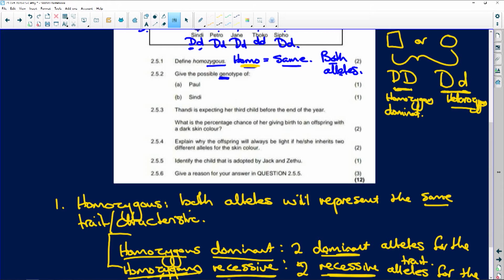Now give possible genotypes. Remember, genotype tells you what's in the genes, and it's what's in the genes that determines the phenotype. That is why Lamarck's theory of use and disuse and law of acquired characteristics is nonsense. Why? Because it has to be in the genes for it to be visible in the phenotype or masked in the phenotype.